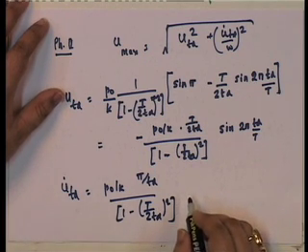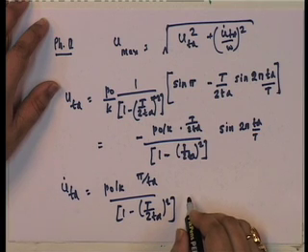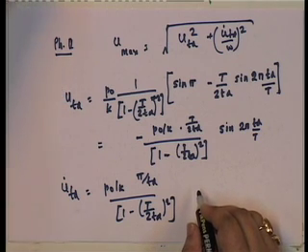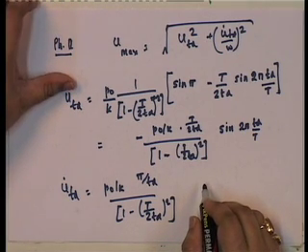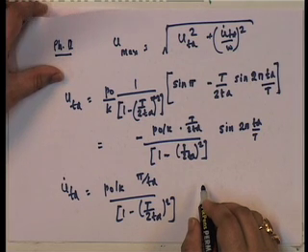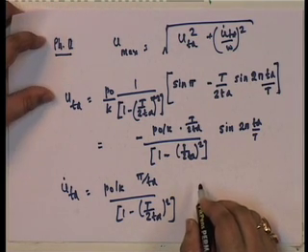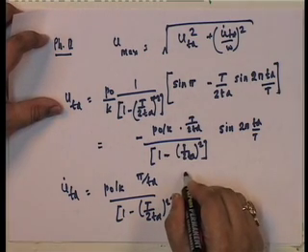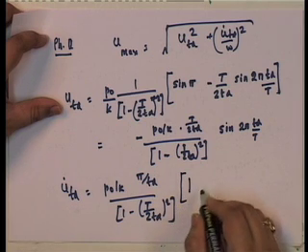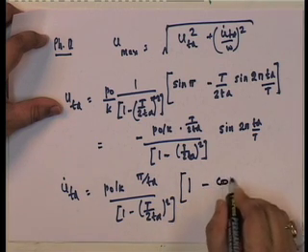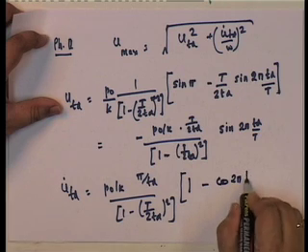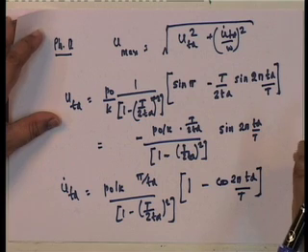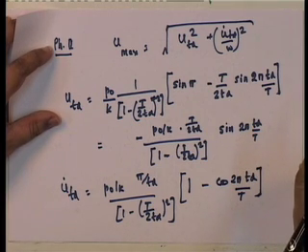What is cosine of pi? Minus 1. Sorry, cosine of 0 is 0, cosine of pi is 1. So, what we get is cosine of pi is 1 minus cosine of 2 pi t_d upon t. Okay, that is what we get.